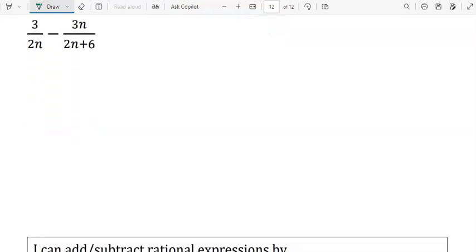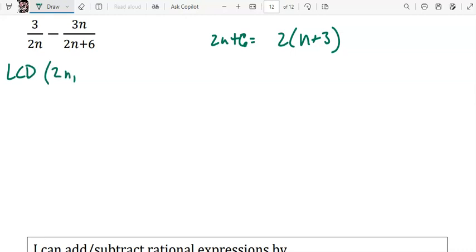Let's look at one more. We have 3 over 2n minus 3n over 2n plus 6. Well, 2n plus 6 is the same thing as 2 times n plus 3. Let's find the least common denominator of 2n and 2n plus 6.